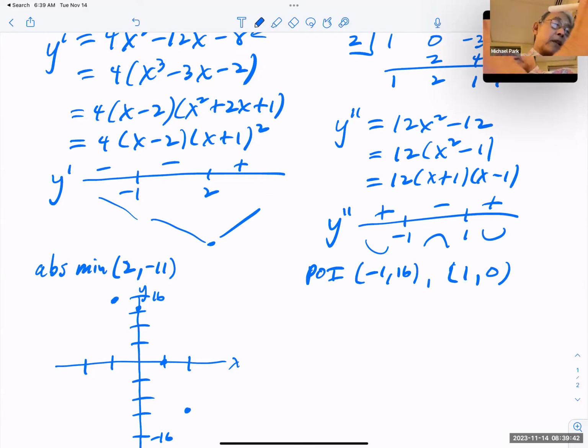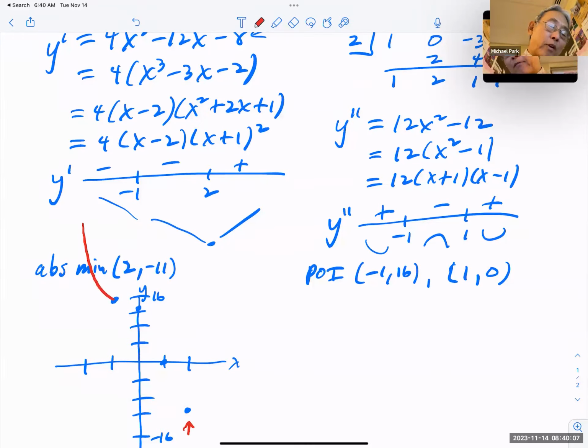let's see now. Let's do this in red to make it a little bit different. So if we follow our number lines, the function is going to be decreasing all the way down to this absolute minimum point, then it's going to go up. And now we look at the concavity. So from negative infinity to -1, it's concave up. So we need something to look like this.